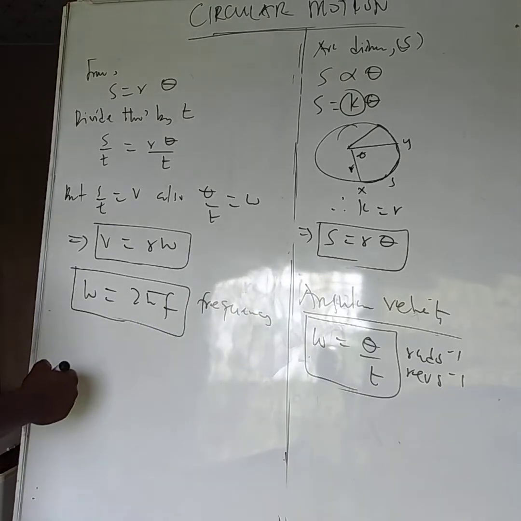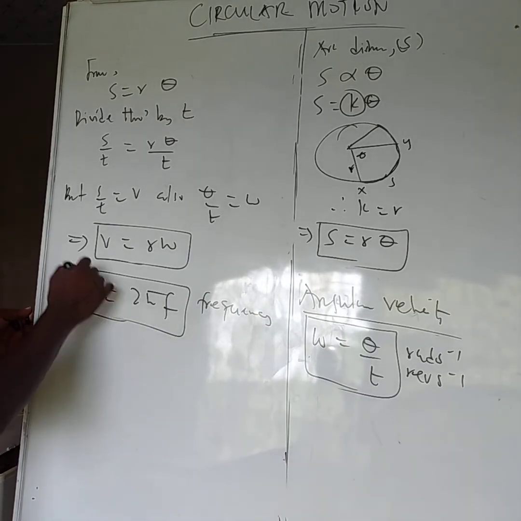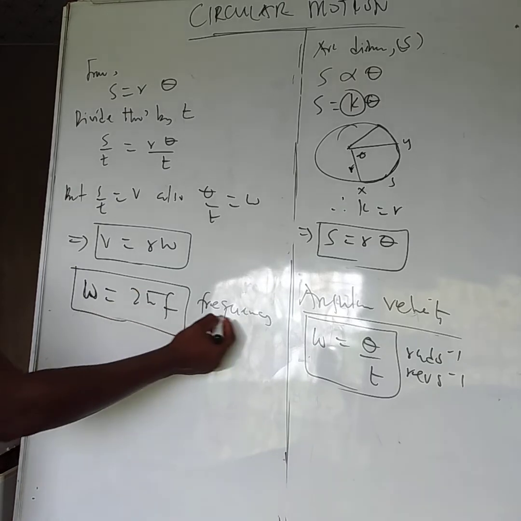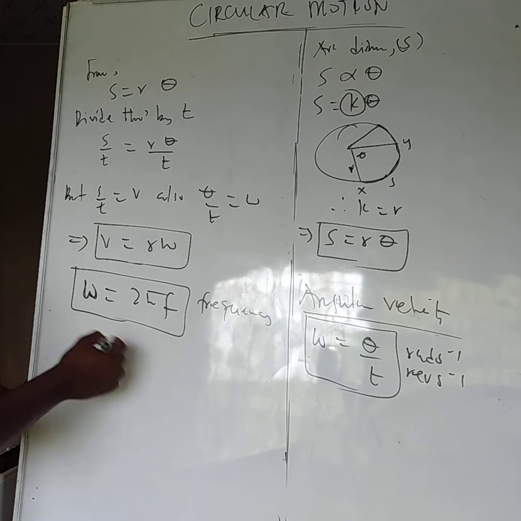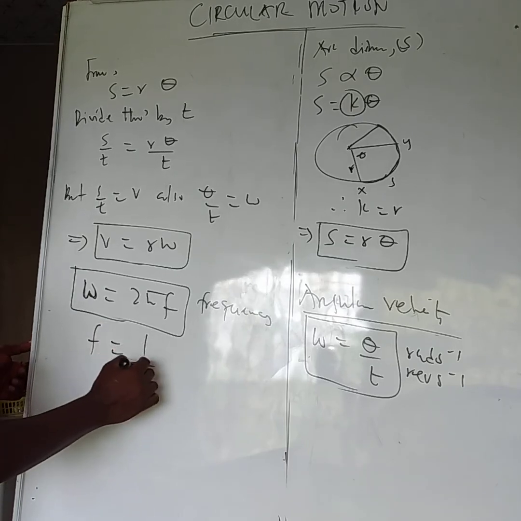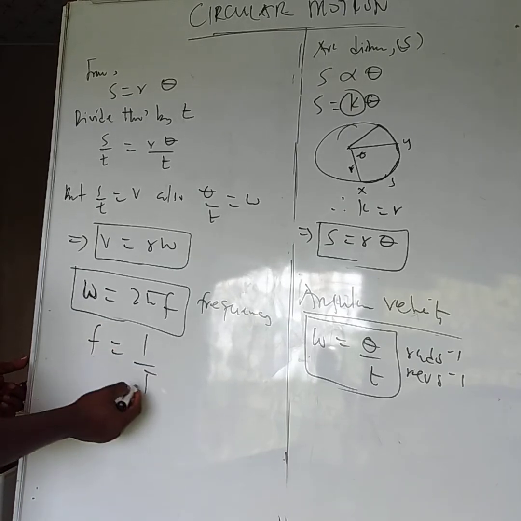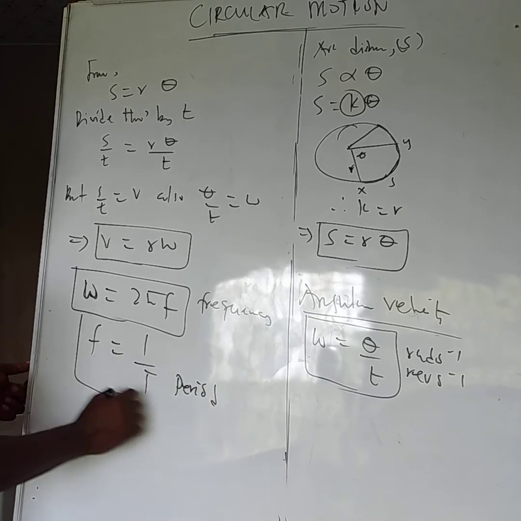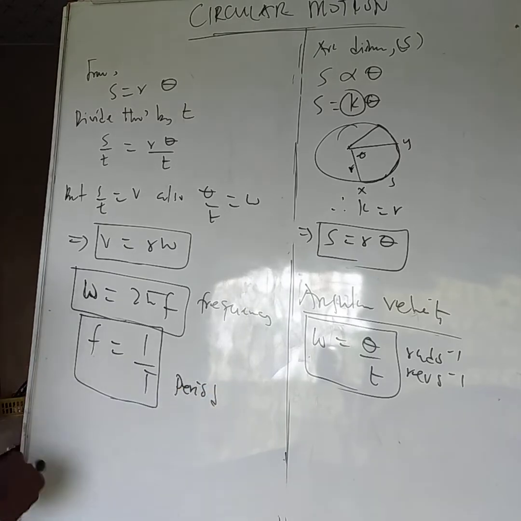Sometimes angular velocity is also called angular frequency because of the relation it has with frequency. Then we can also say f is equal to 1 over T, where T is called the period. And remember, period is capital T and time is small t.